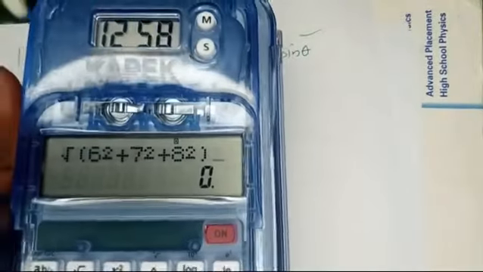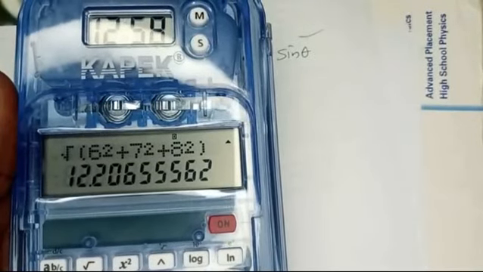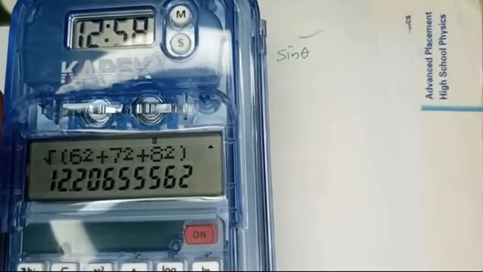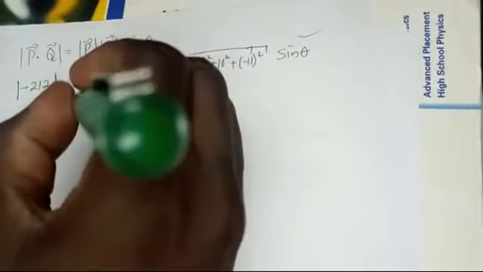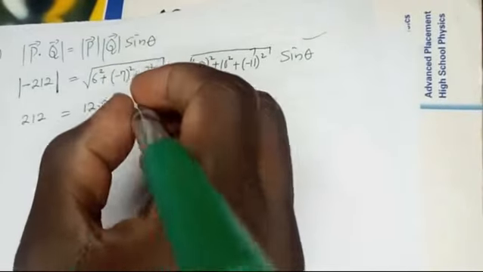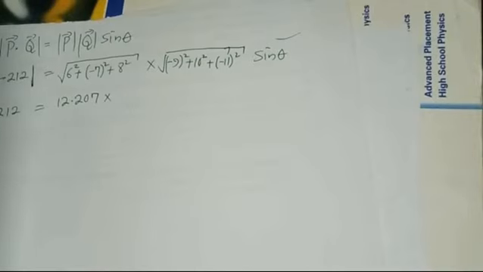Look at what you have on the calculator. Approximating your result correct to 3 decimal places, this will be approximately 12.207, multiplied by the same for the magnitude of Q.